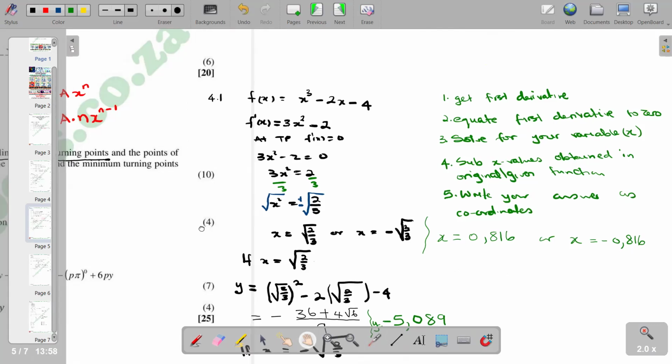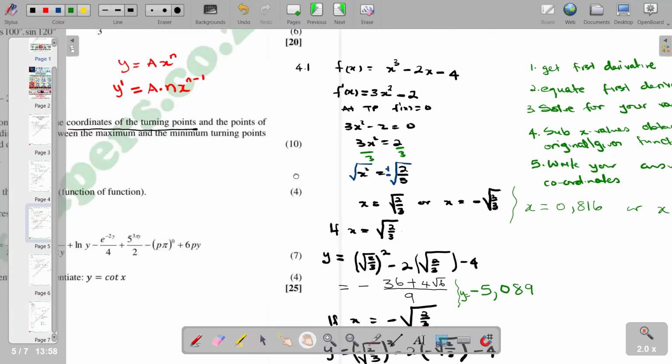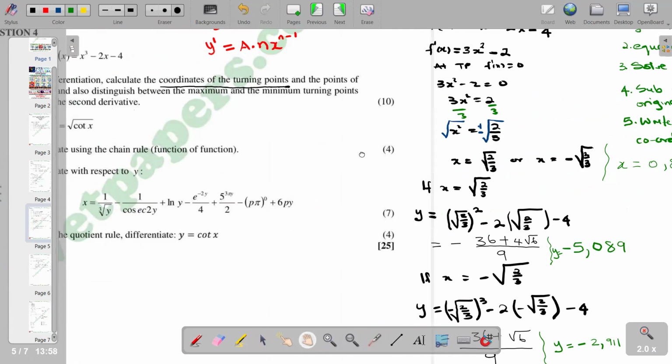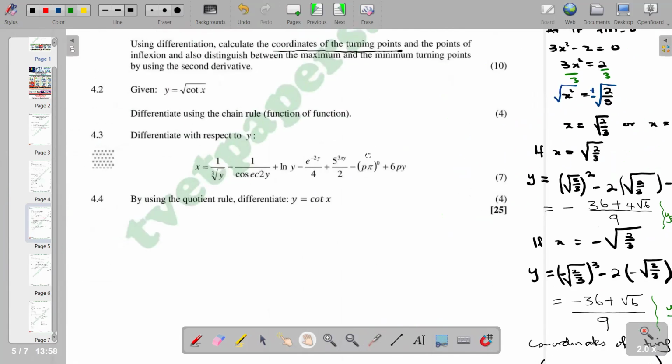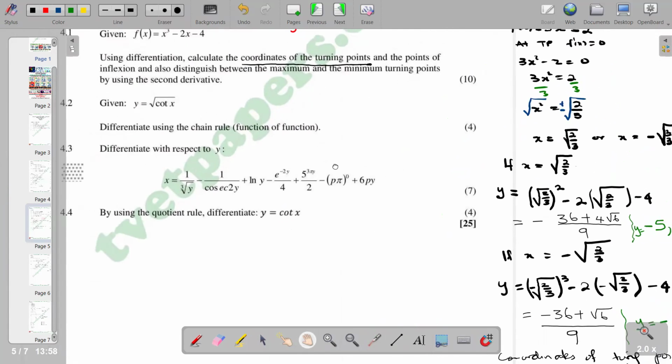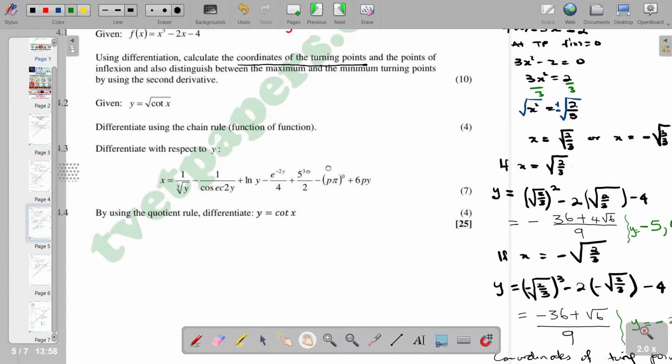Then remember, we are still on that question, saying use that to calculate the coordinates of turning point. We have them. What's the next? They want the points of inflection.